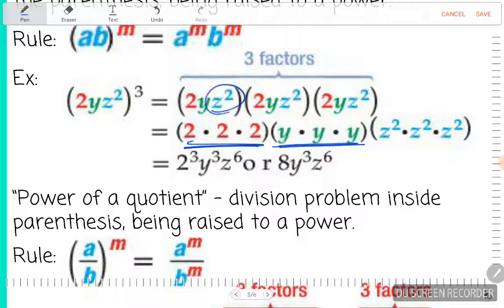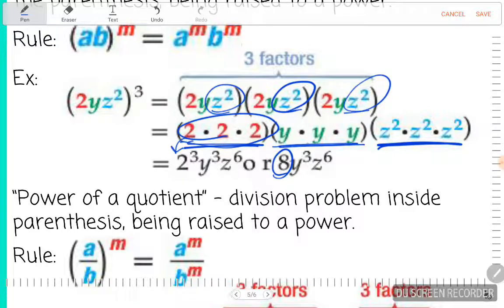Then I've got z squared, z squared, z squared, and that's what's giving us that last piece. Okay, the 2 times 2 times 2 goes to 2 cubed, or I could write it as 8. And then y times y times y gives us y cubed. Z squared times z squared times z squared would be z squared cubed. Power to a power, you multiply. Okay, so I get z to the 6th.